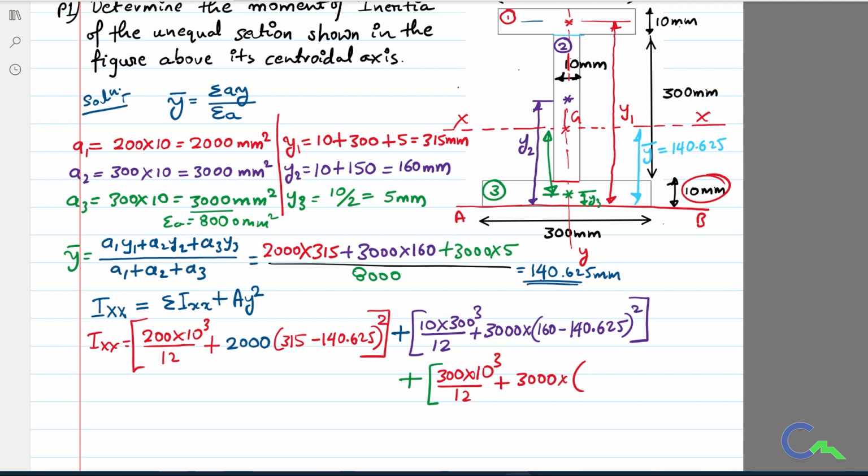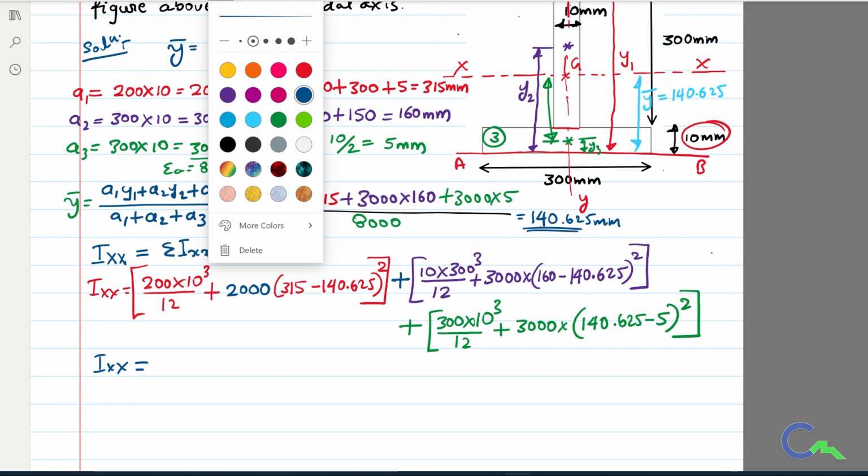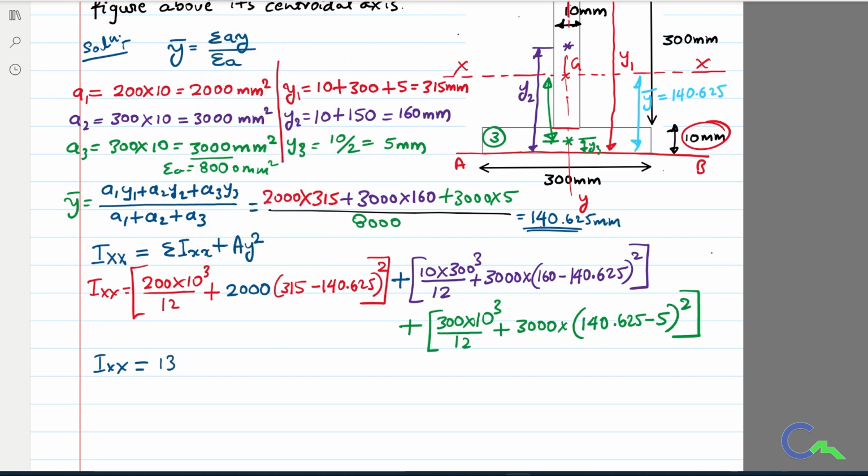That is nothing but 140.625 minus 5, whole square. If I do this calculation, I'm going to get Ixx equal to 139.663 into 10 to the power 6 millimeter to the power 4.